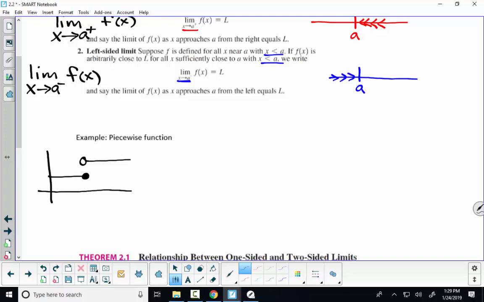So this piece right here, it only makes sense to approach a from the left-hand side. There's nothing to the right of a on that piece. Similarly, the top piece, it makes sense to only approach a from the right.